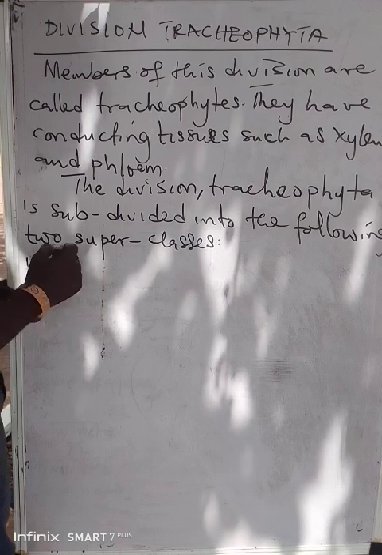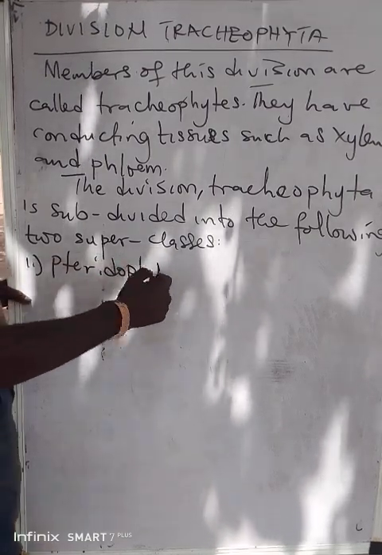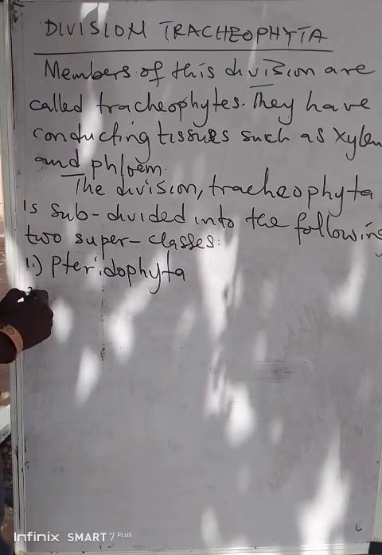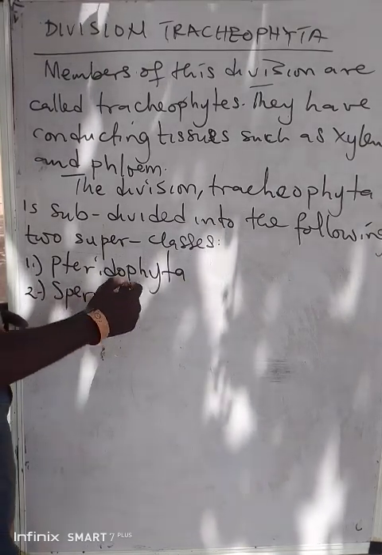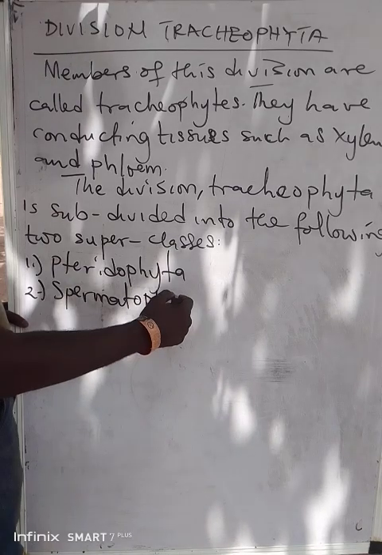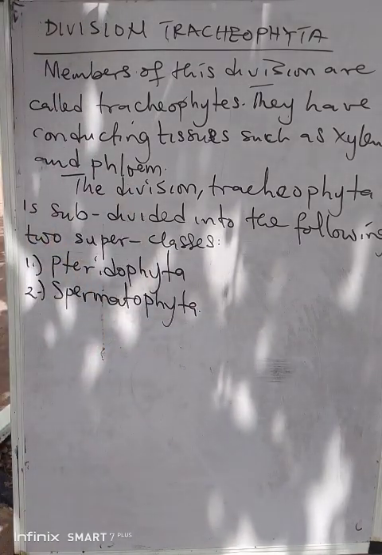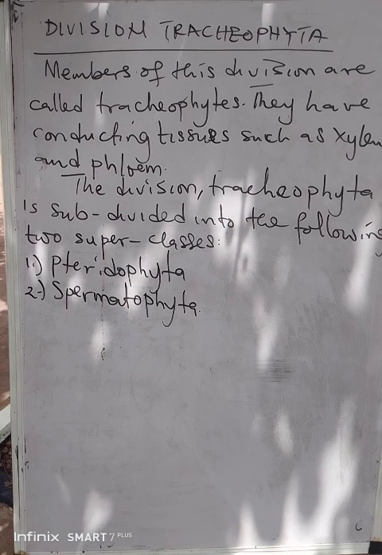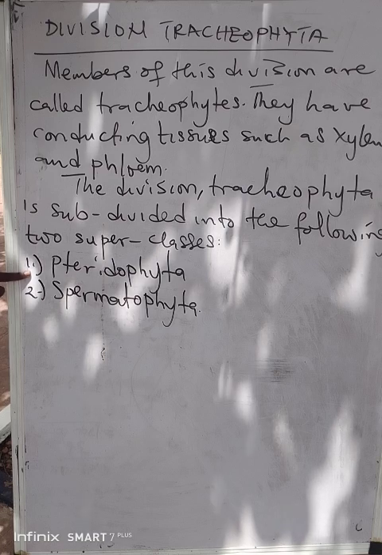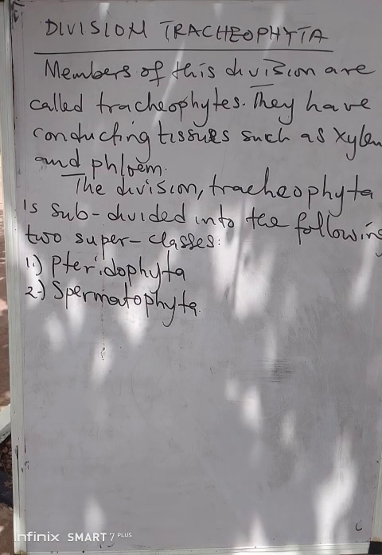We have Pteridophyta and we have Spermatophyta. So there are 2 superclasses under the division Tracheophyta. We have superclass Pteridophyta, you silent the P, and the superclass Spermatophyta.